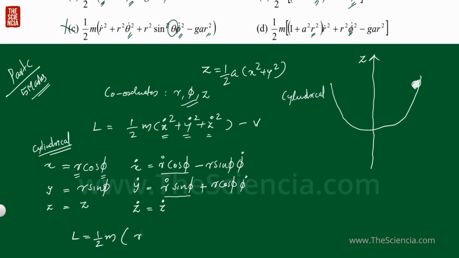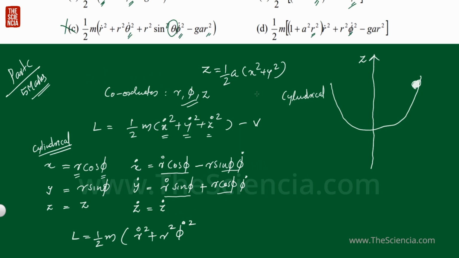So we get r dot square plus, taking the square of the last terms, r square phi dot square sin square phi, and here we get r square phi dot square cos square phi. So we get r square phi dot square. And here the cross terms cancel out, one is positive and one is negative. If you have any doubt, please take the square of this function and solve.